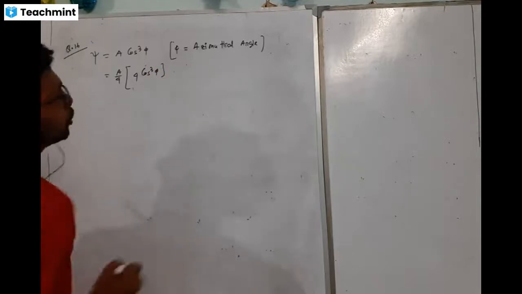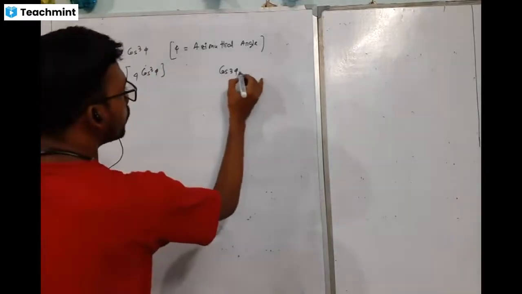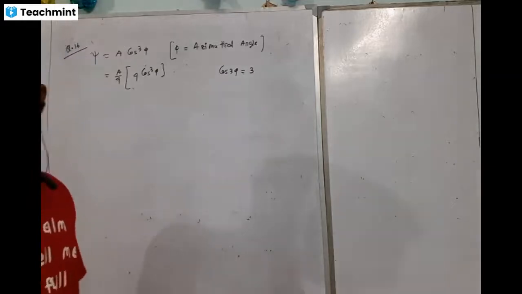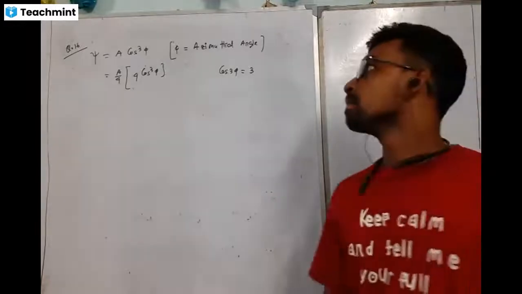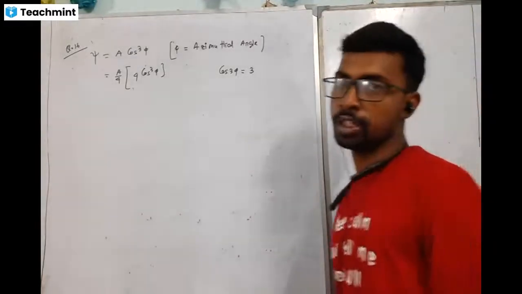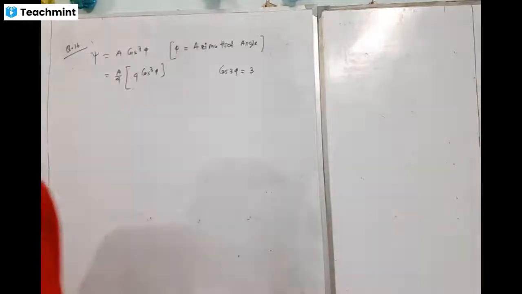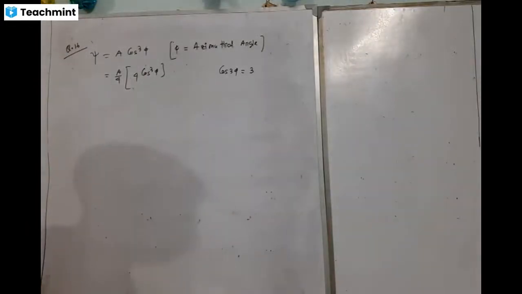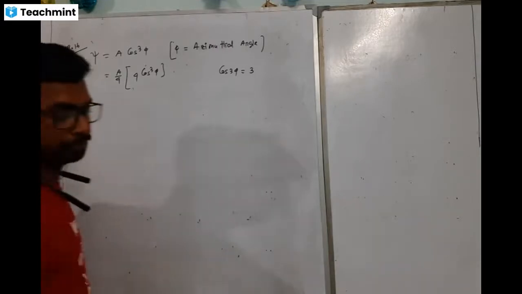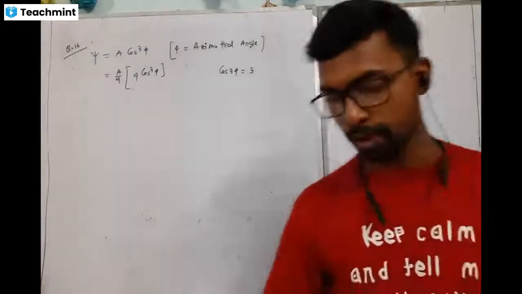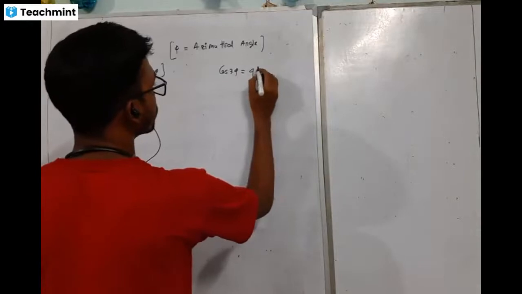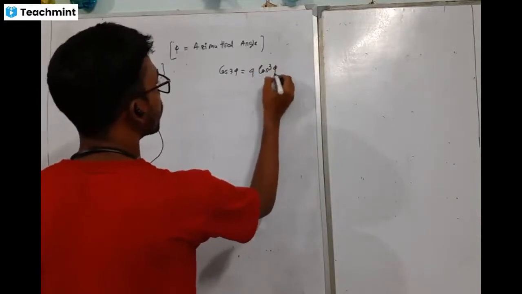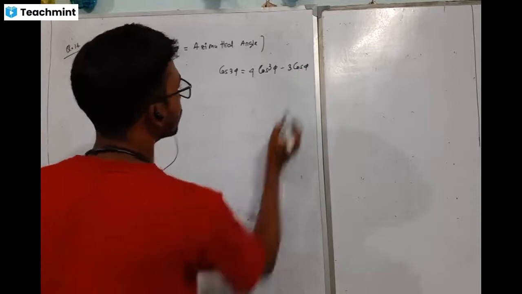As you know, cos 3 phi equals what, basically? Tell me, write it properly. 4 cos cube theta minus 3 cos phi.